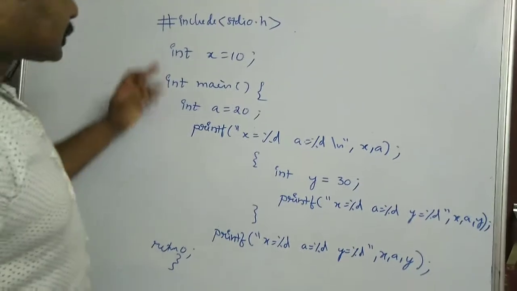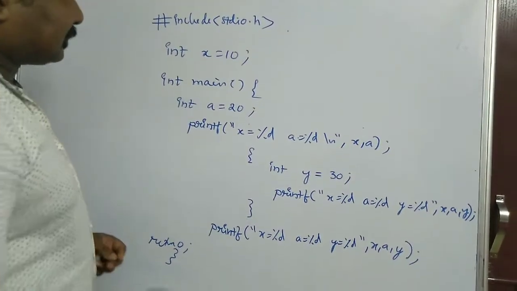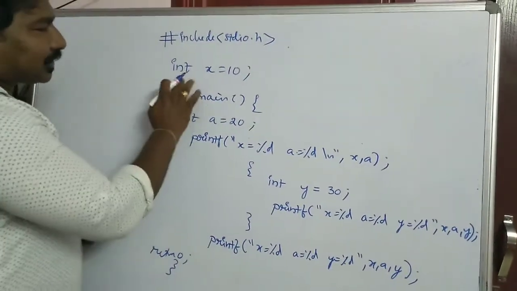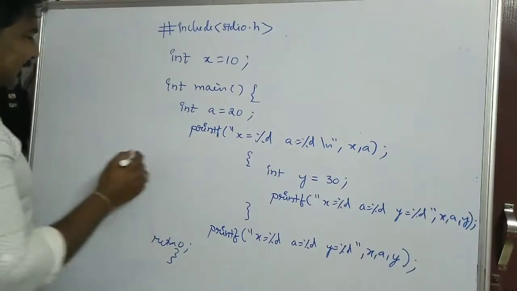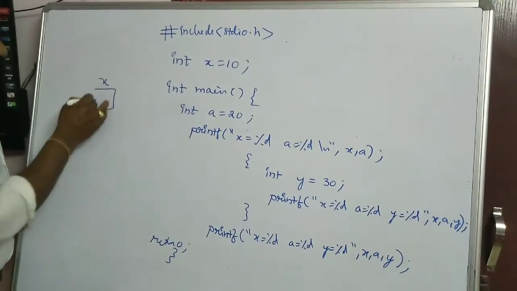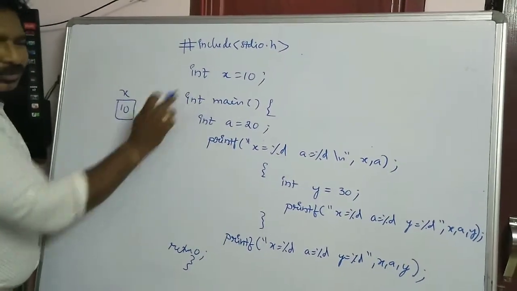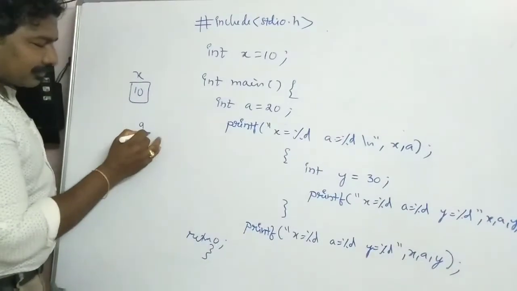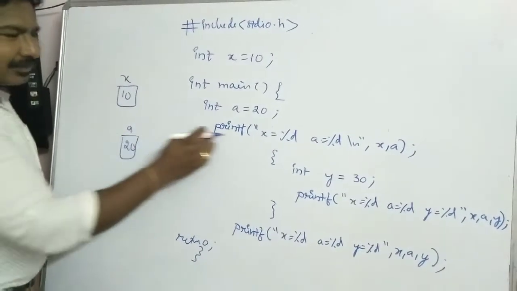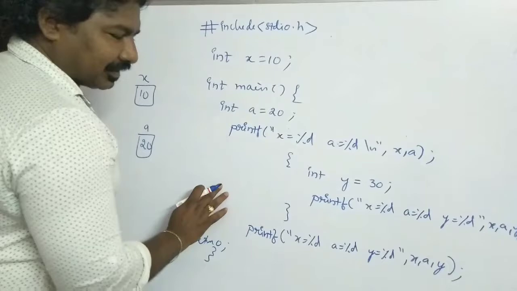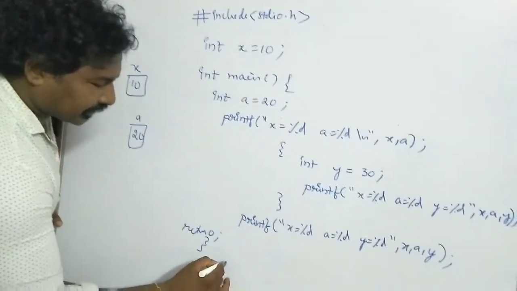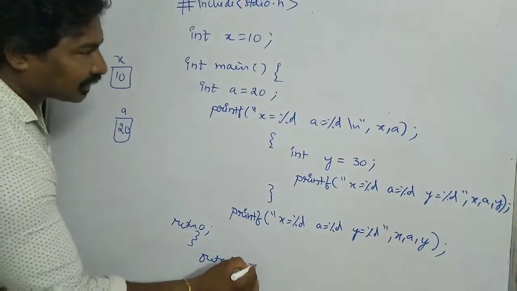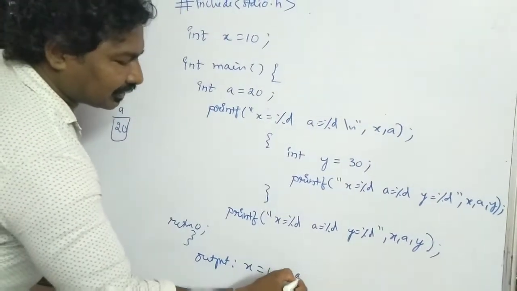Okay friends, just look at this particular small program. We have declared a global variable x, created with the value 10. And I have created a variable called a with the value 20. I'm printing the values of x and a. The output will be x equals 10 and a equals 20.